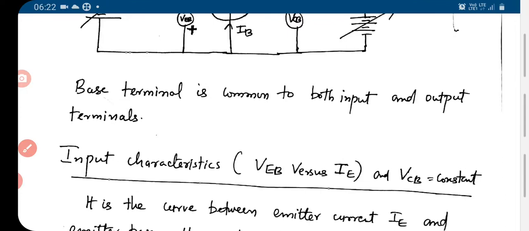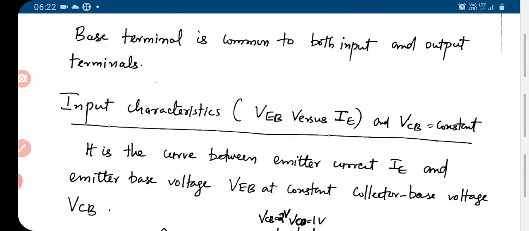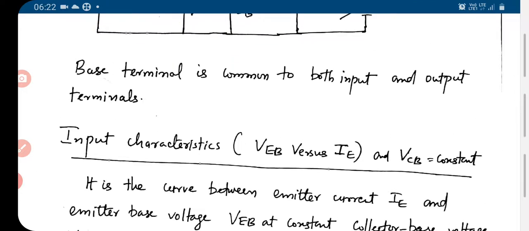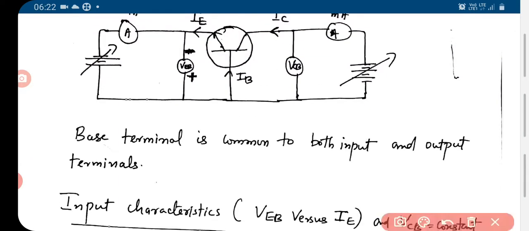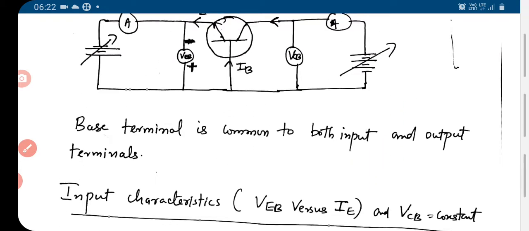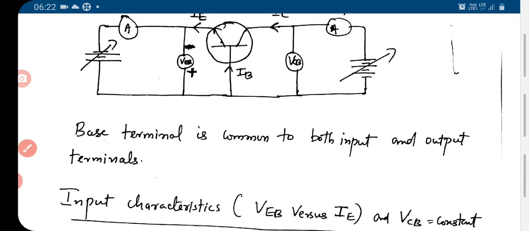Okay. So how do we draw the input characteristics? Input characteristics, that is the relation between VEB, the emitter base voltage, and emitter current, at VCB constant. The collector base voltage has to be kept constant.